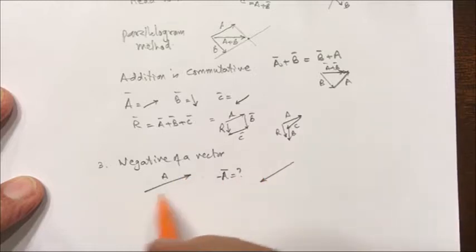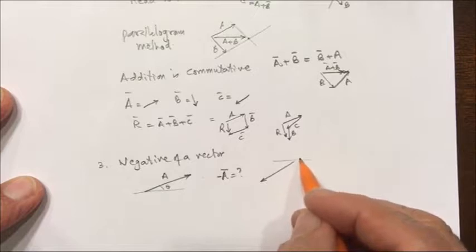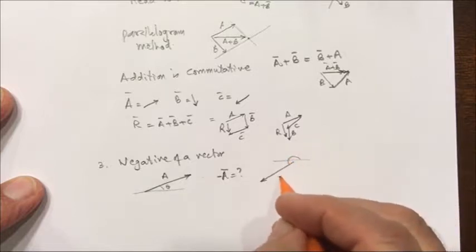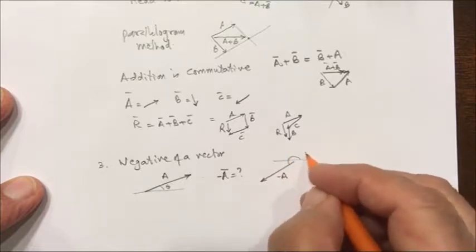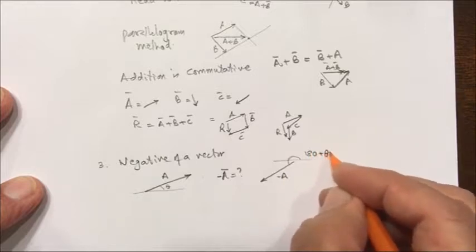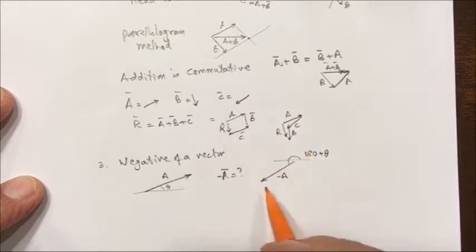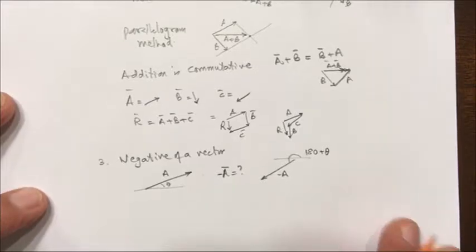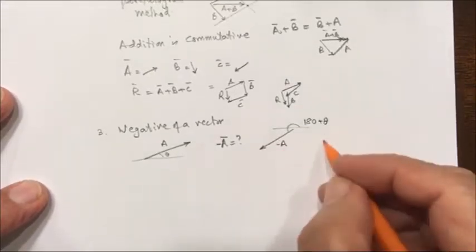So the direction of A was theta, the direction of minus A is going to be 180 plus theta. So it flips the vector by 180 degrees. It just makes it go in the opposite direction. The length remains the same.